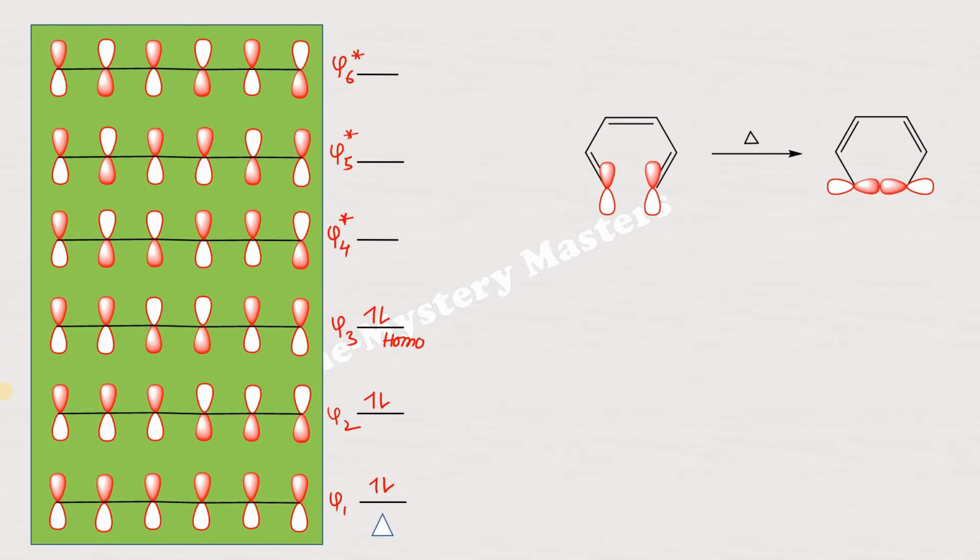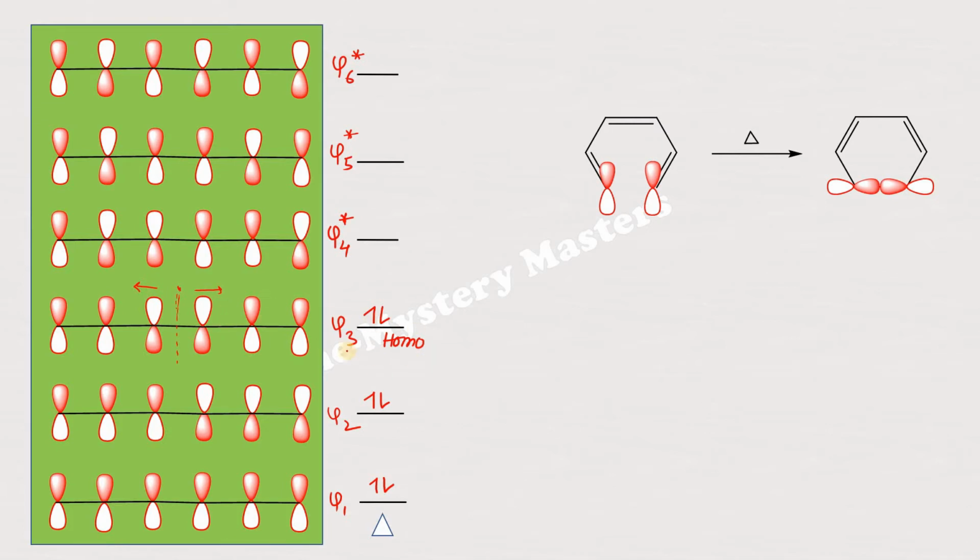In this you can see the symmetry. In this psi3 molecular orbital, if you imaginary cut the molecular orbital in the middle, you can see that on our right hand side and on our left hand side the same type of orbitals are present.